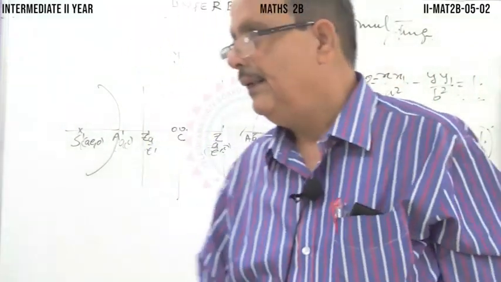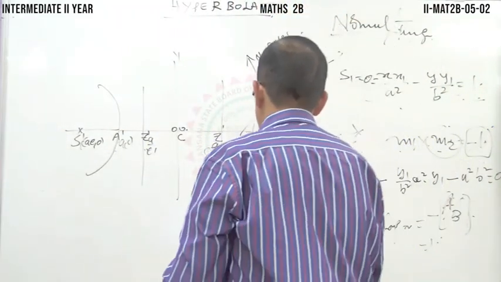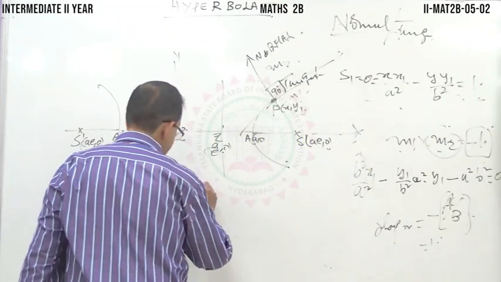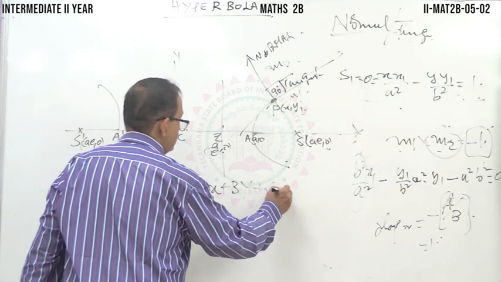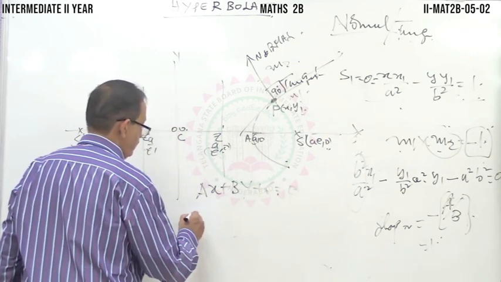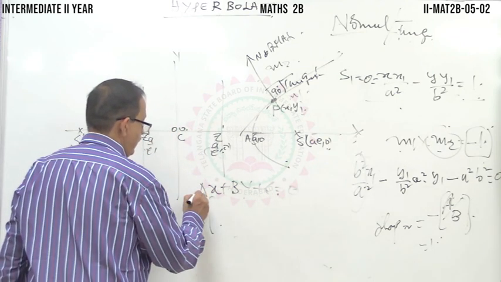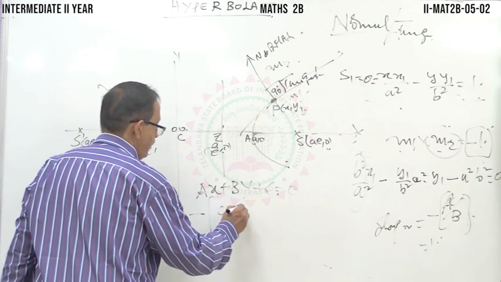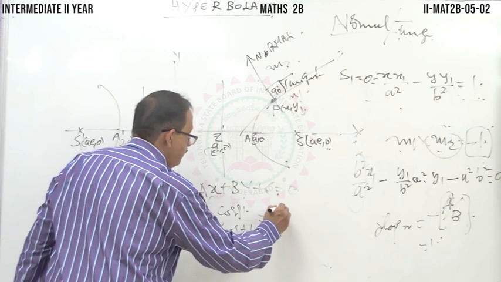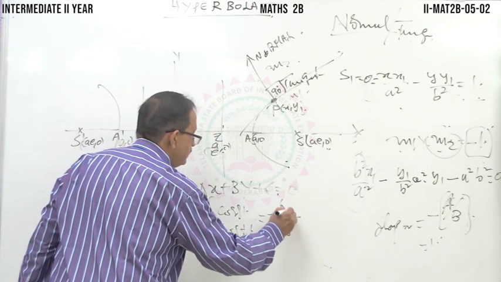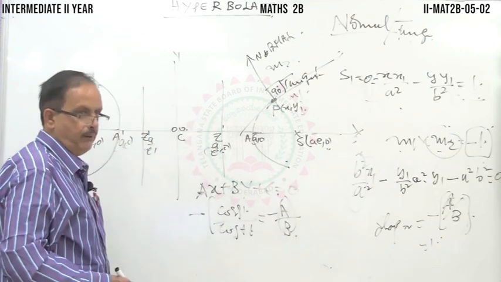For example, very simple, please understand: ax plus by plus c is equal to 0 is a line. What is the slope? All of you know, minus coefficient of x by coefficient of y, so we write minus a by b. This is the slope of any line.